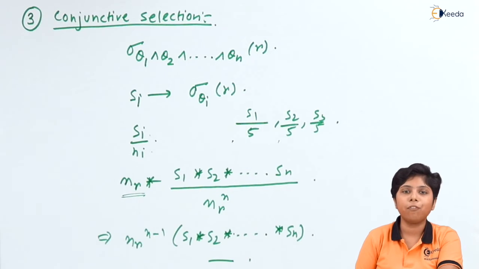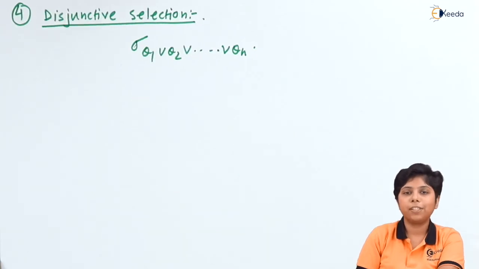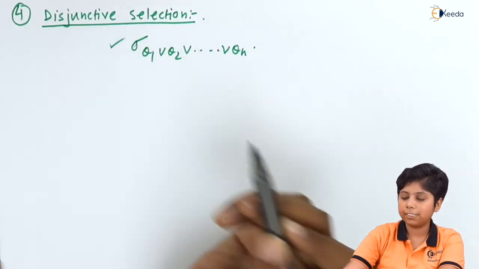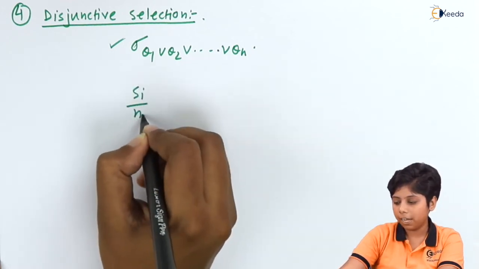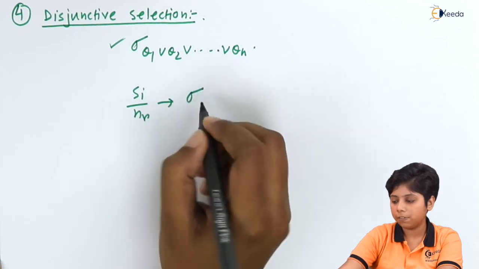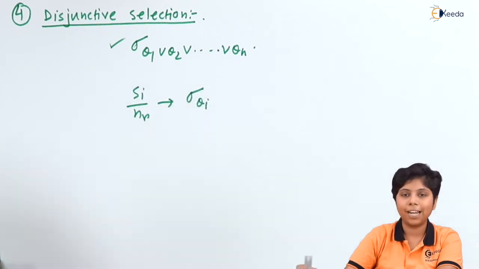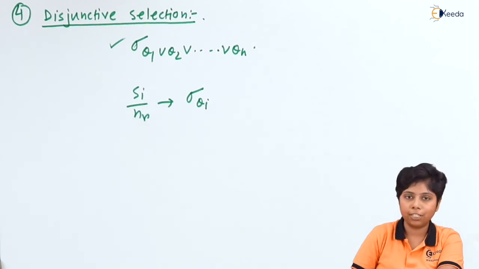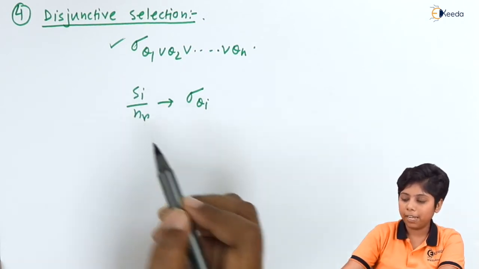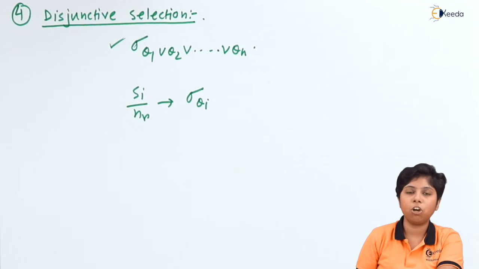Now let us calculate for the disjunction. For the disjunctive selection, we say s_i by n_r is the probability of selection over the theta i selectivity, that is the selectivity of each of these conditions in the conjunction and disjunction.